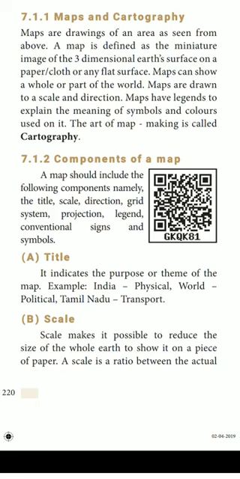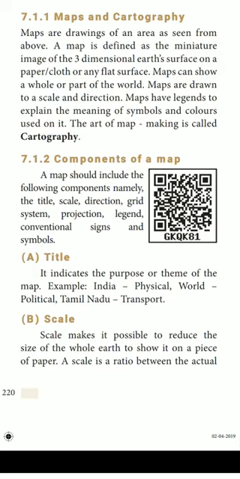Those are the 7 subheadings: title, scale, direction, grid system, projection, legend, conventional signs and symbols. Title means what you all know, isn't it? Title is the theme of the map. And scale also you know, isn't it? Then direction.